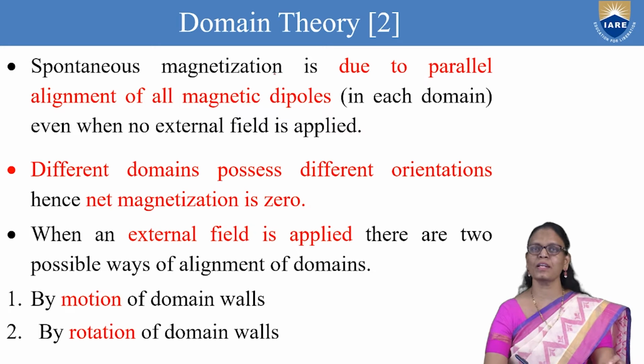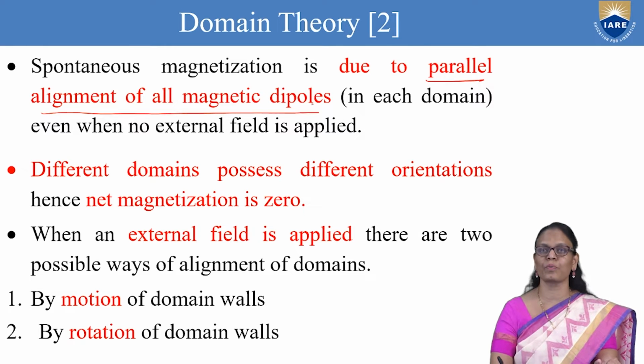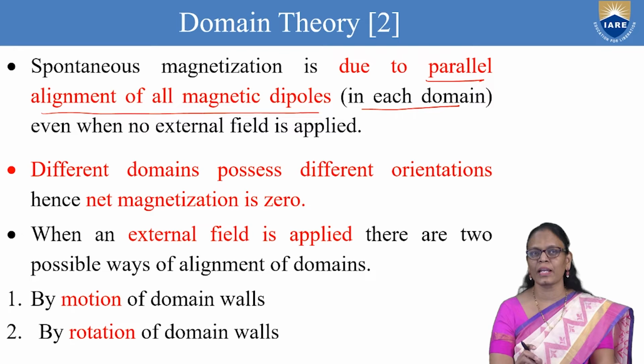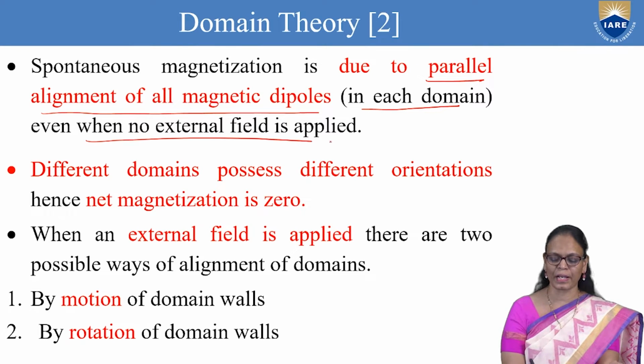Now this spontaneous magnetization is due to the parallel alignment of magnetic dipoles in each domain. This parallel alignment of the dipoles in each domain is responsible for spontaneous magnetization even when no electric or magnetic field is applied.